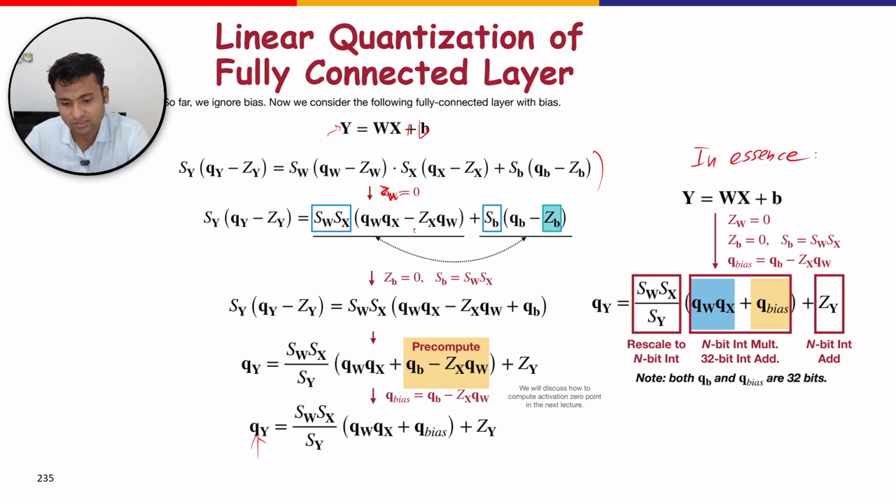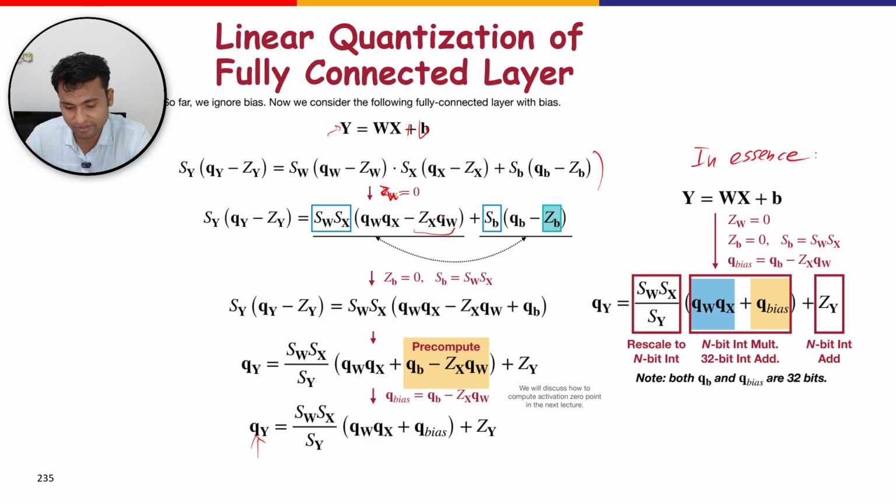This term can be pre-computed because it depends on the zero point of the inputs which are coming and the quantized weights which you are already aware of. So during the entire calculation, this can be pre-computed. With each pass, this QW will change because you are retraining the weights, but here we are talking just about inferencing as of now.